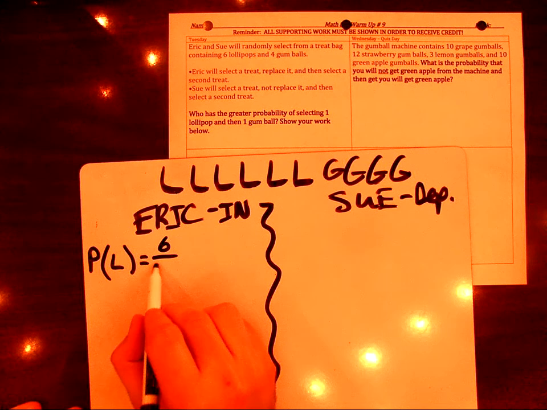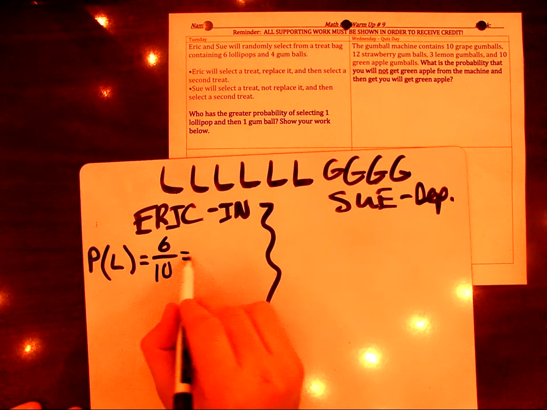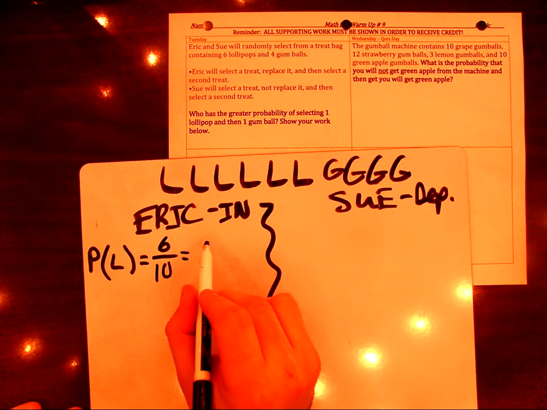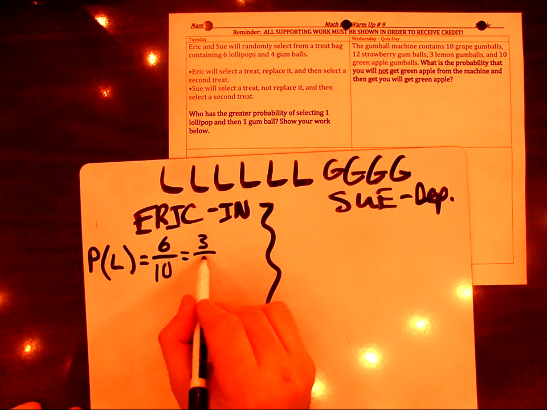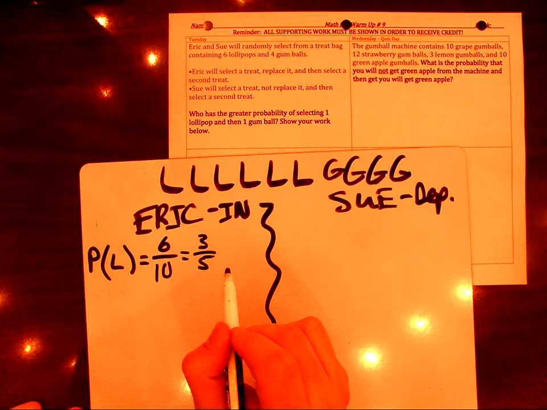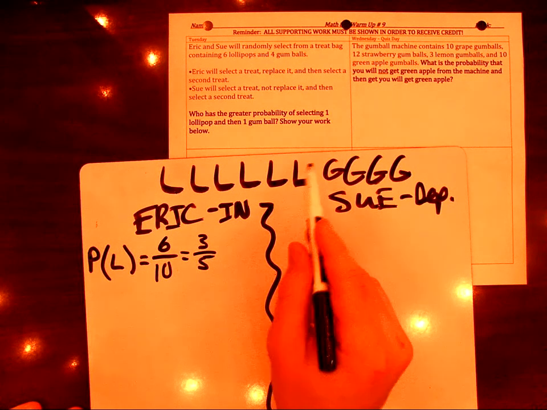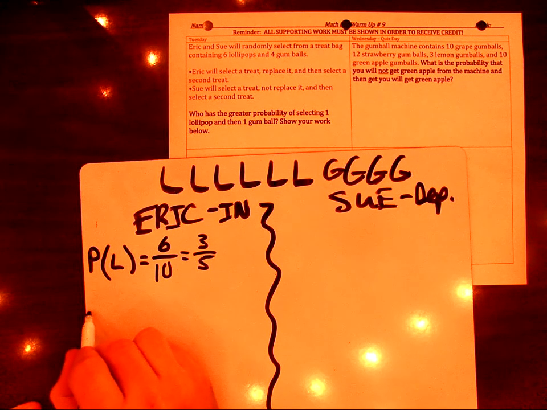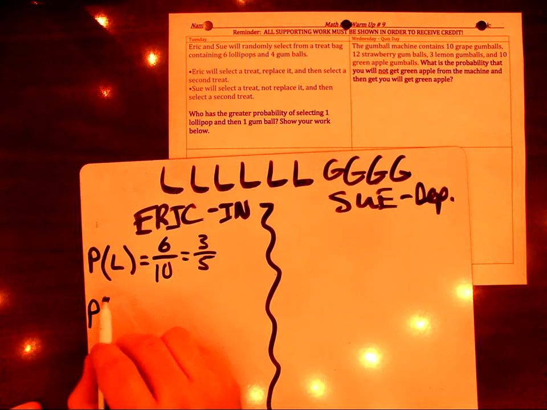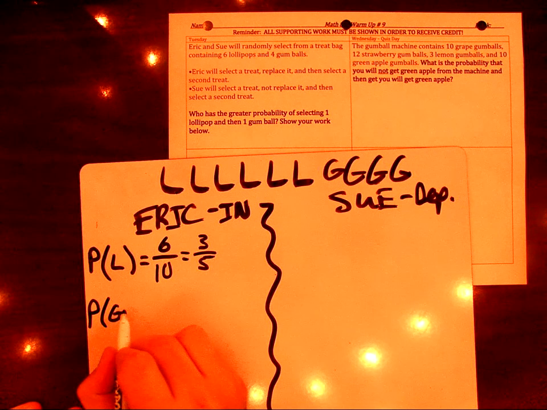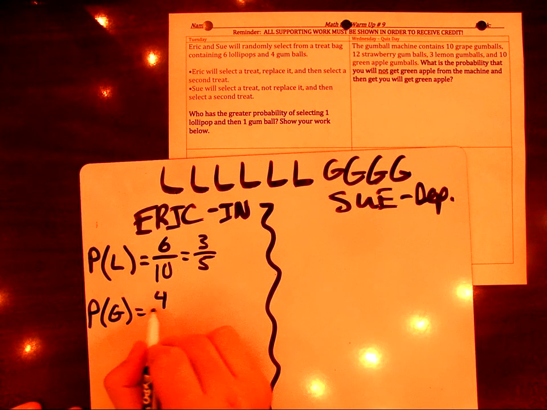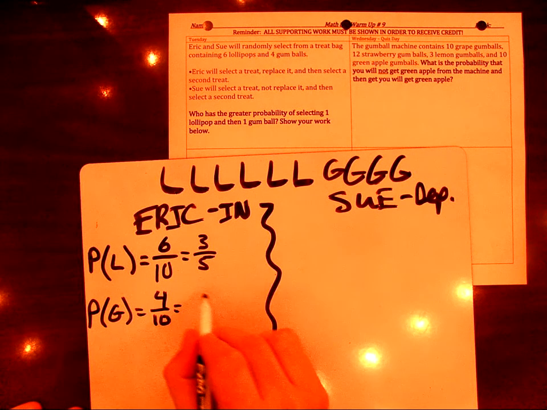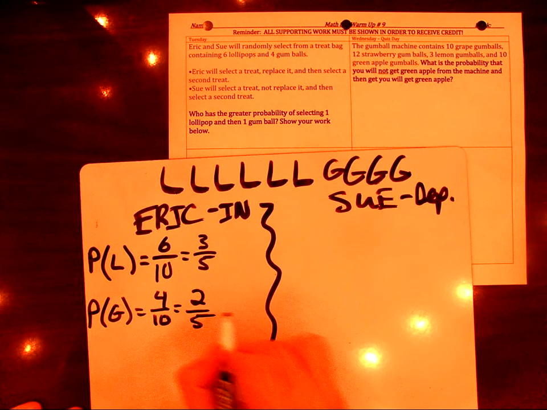So it would be 6 out of 10, which is equal to 3 over 5. Since he puts it back, we don't have to eliminate it. So the probability of picking a gumball is 4 out of 10, which is the same thing as 2 over 5.